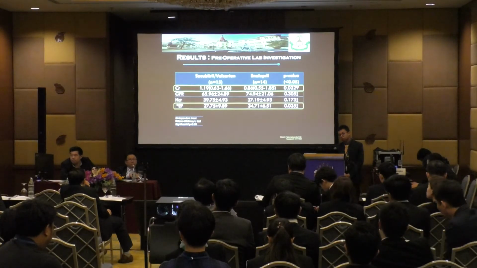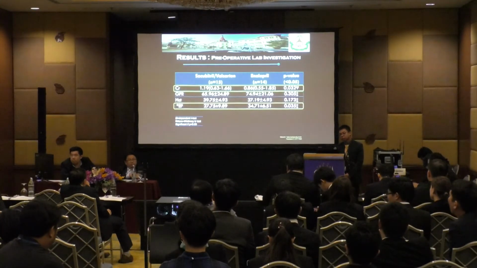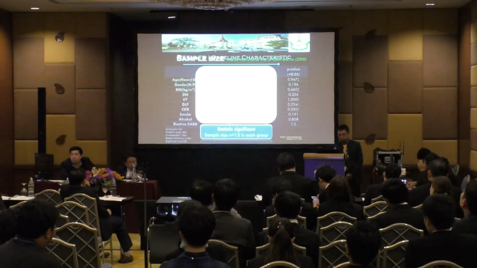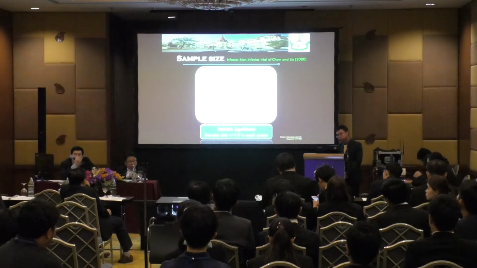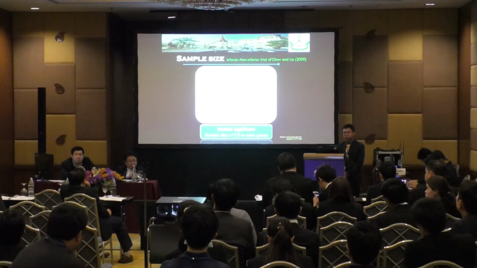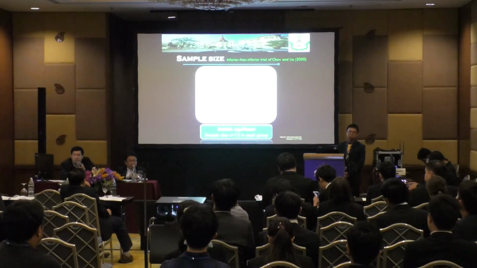So the actual number of study patients has to be a lot more than this because the effect will be smaller than CABG itself. So I don't think you can use this paper as a reference.